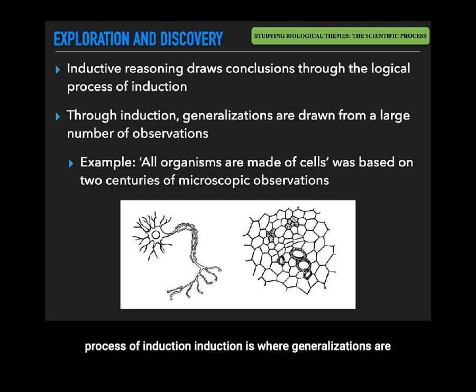Induction is where generalizations are drawn from a large number of observations. For example, the generalization that all organisms are made of cells is a conclusion formed by inductive reasoning based on two centuries of microscopic observations made by biologists. So induction is where generalizations are drawn from a large number of observations.